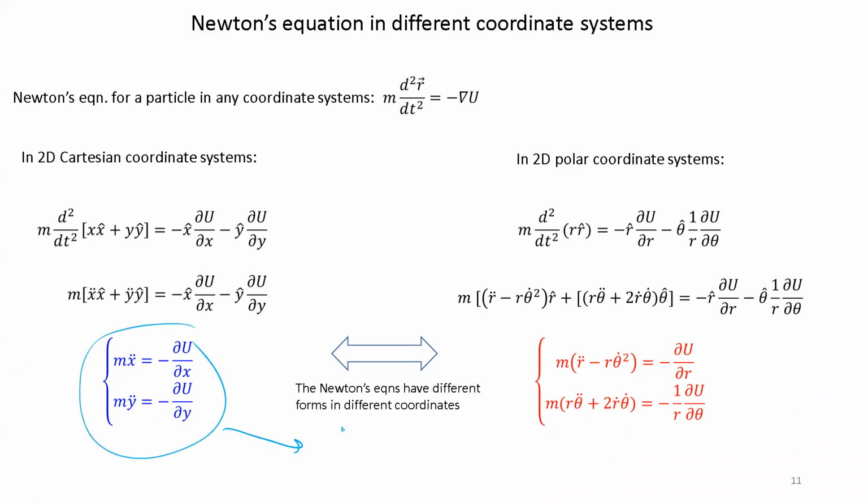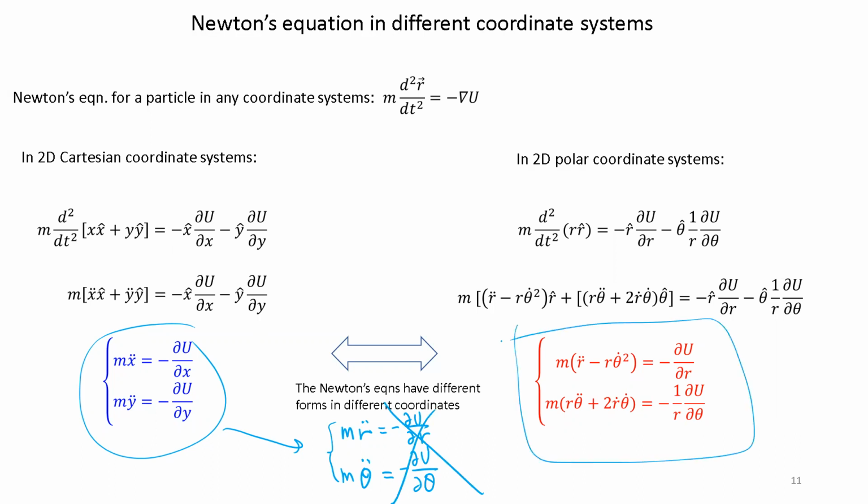But after you change from x y to r theta, you don't just get the same form. Instead, you will get this more complicated form over here. So the form of the differential equation will vary with respect to what coordinate system you use.